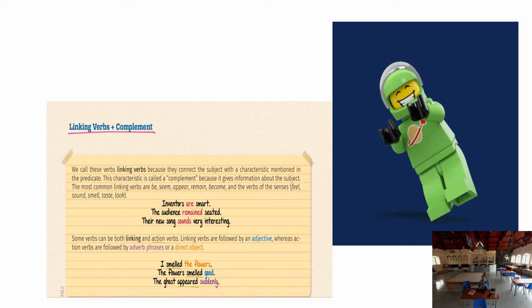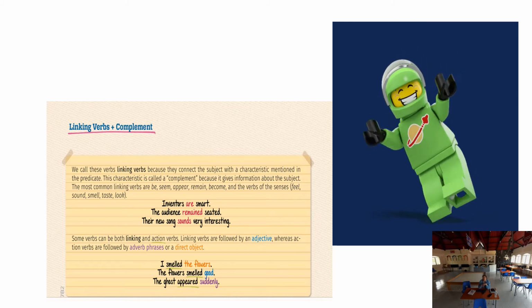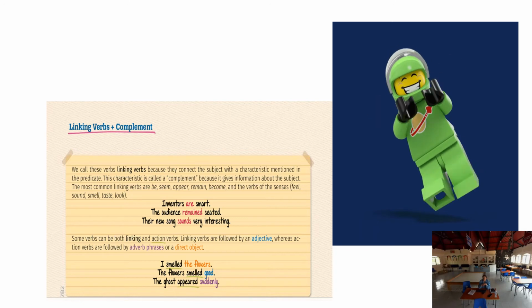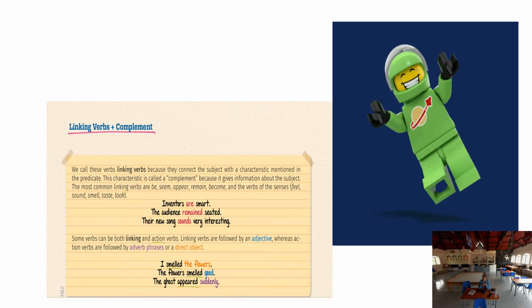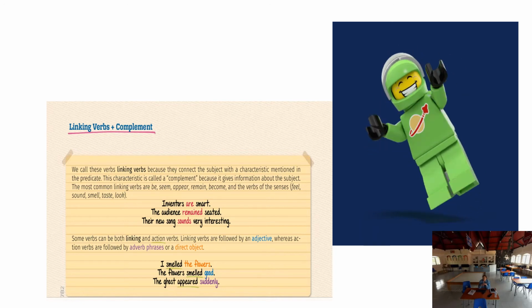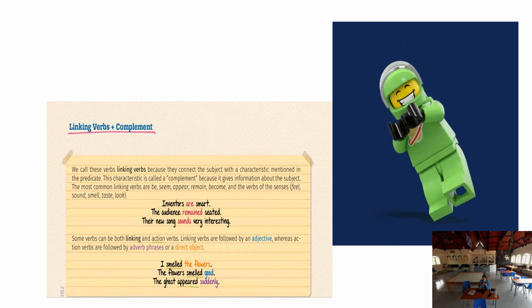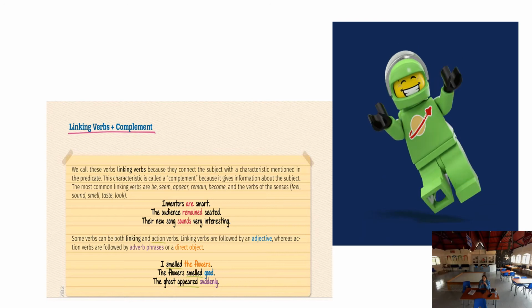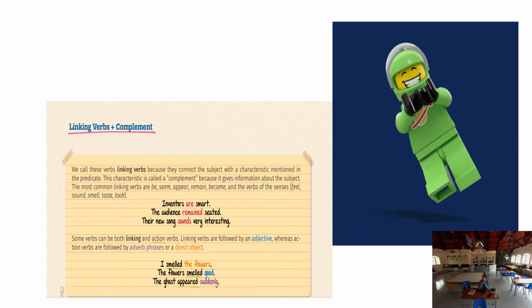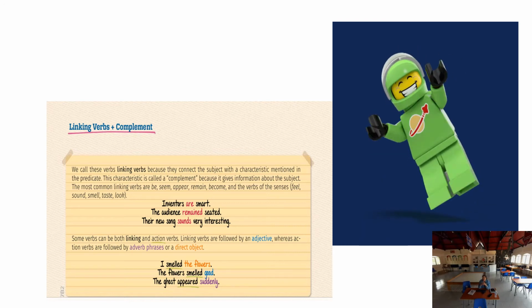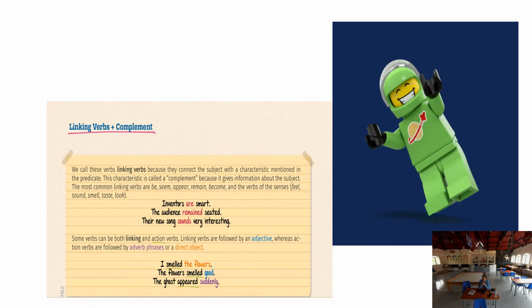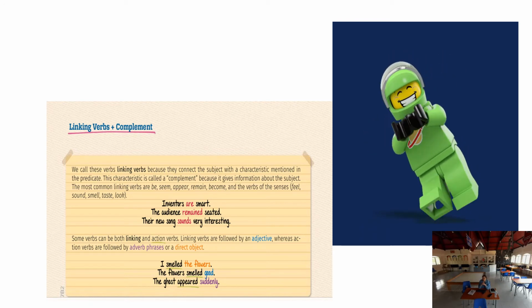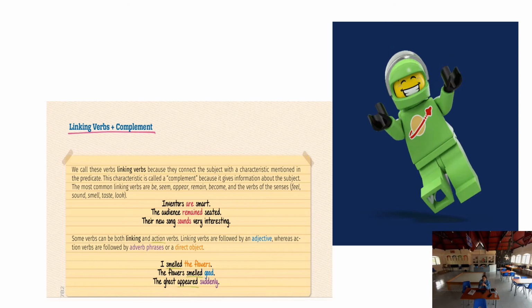The second example is a linking verb. The flower smelled good. So it's telling me how the flowers smelled. The last one is also an action verb because it's followed by an adverb phrase.